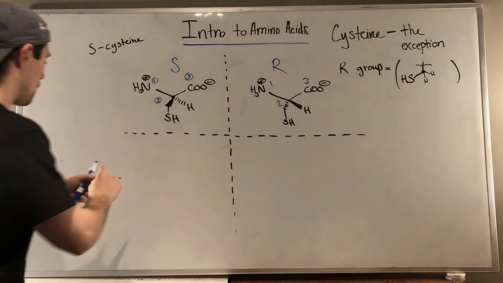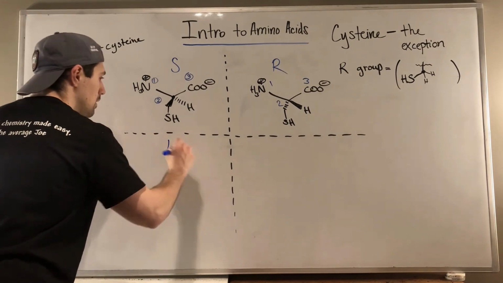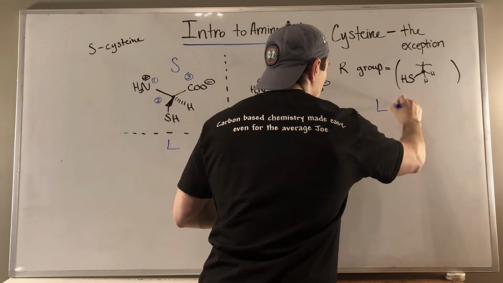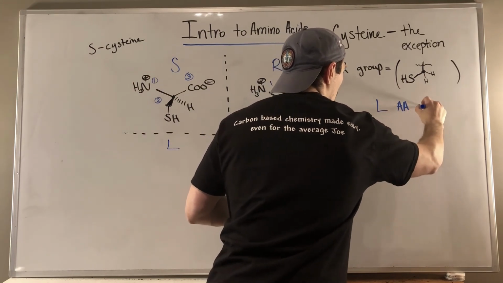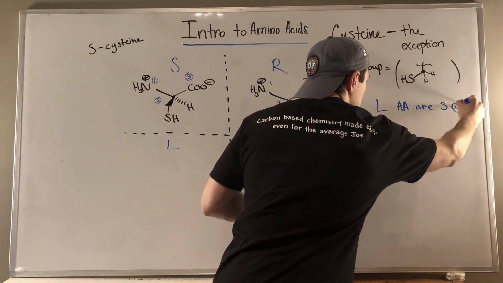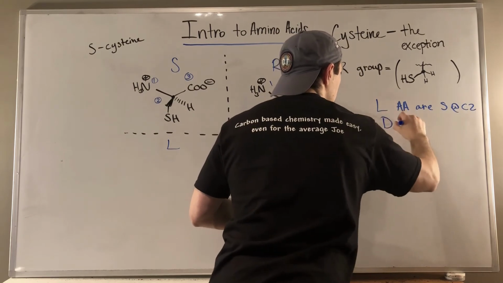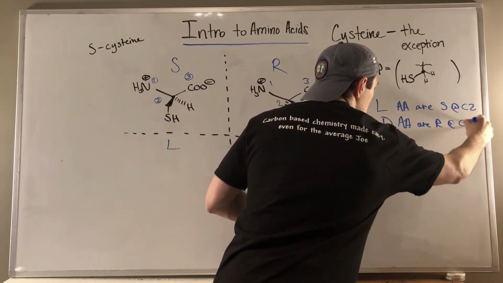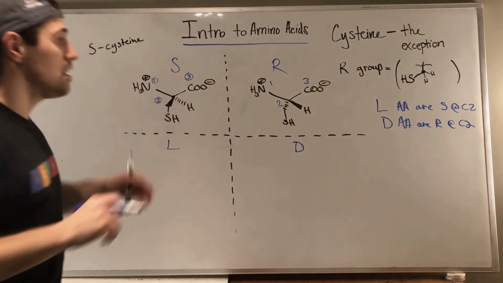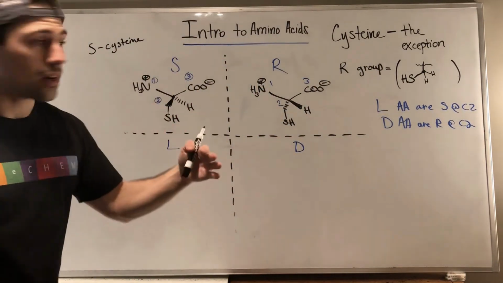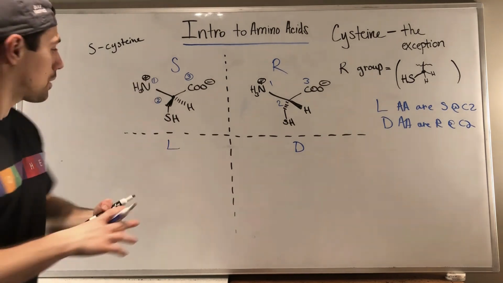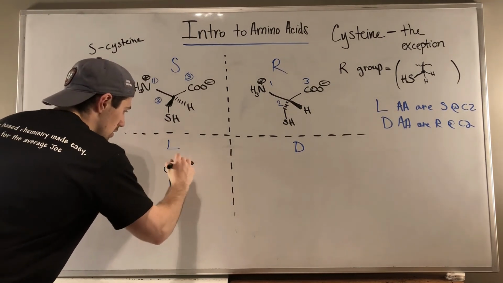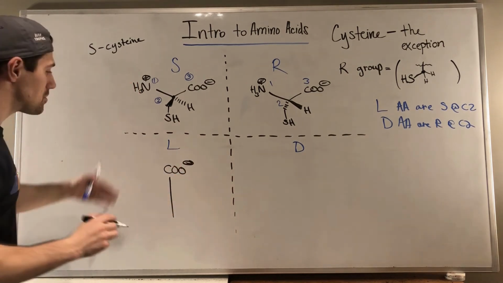So if we look at L, we previously said that L amino acids are S at C2, and D amino acids are R at C2. So obviously we're expecting to see this L cysteine to be R and the D cysteine to be S, okay? So remember, our convention, carboxylic acid, carbonyl goes up top.